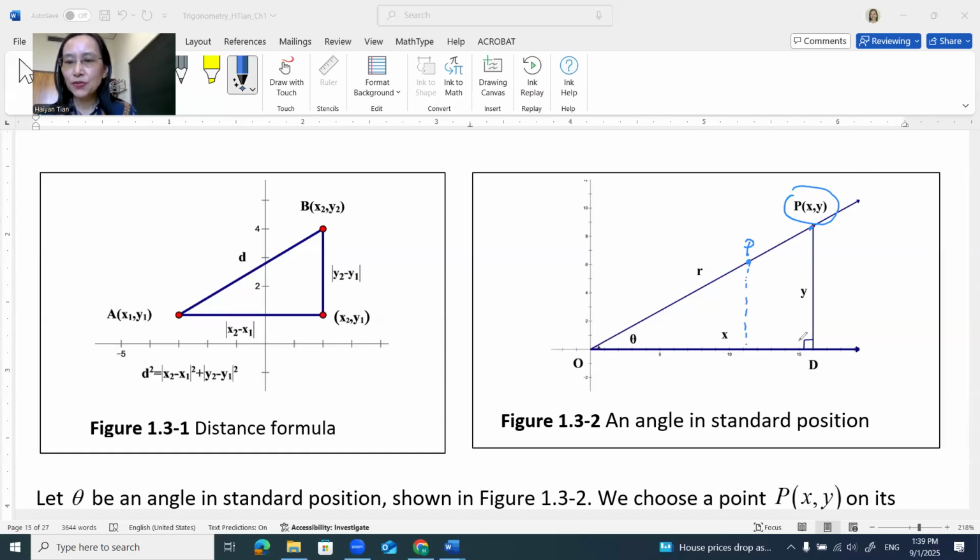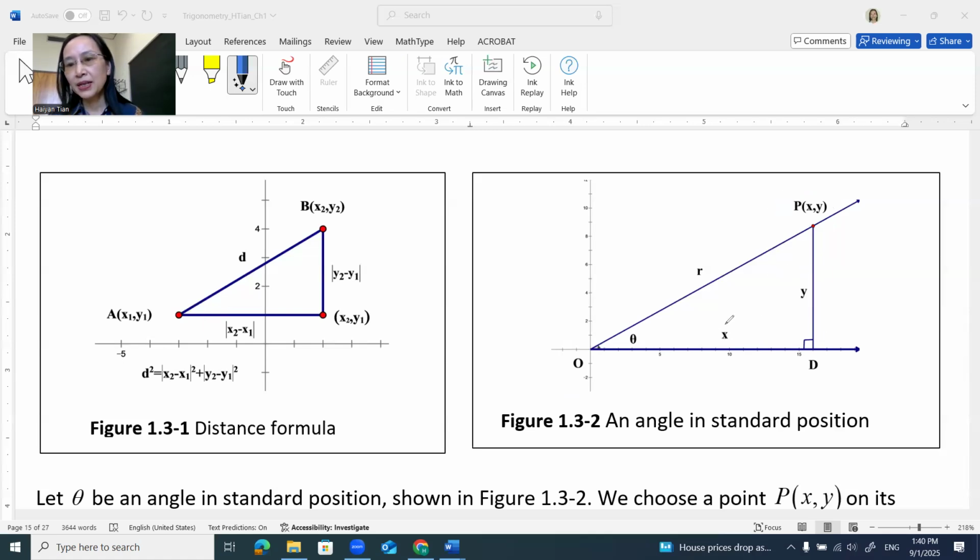That means you form a right triangle, which is similar to the other right triangle, as long as the point is on the terminal side. So suppose I have such a point, and we have a right triangle now.